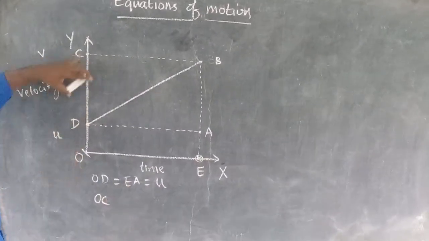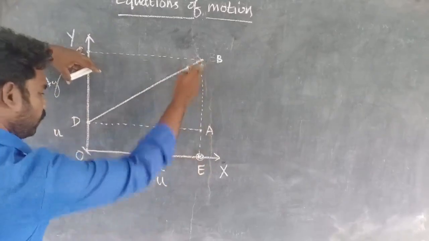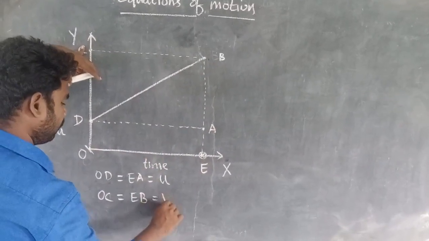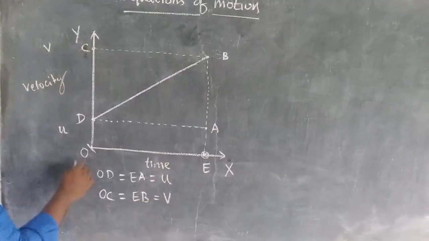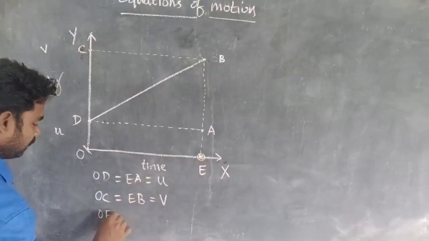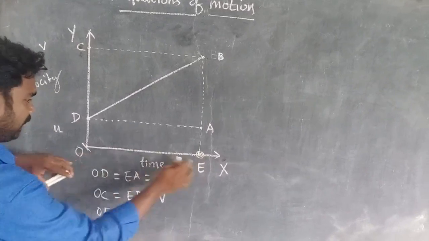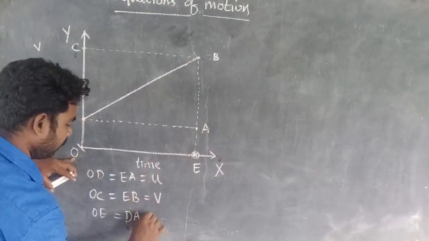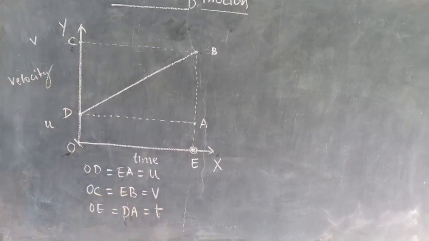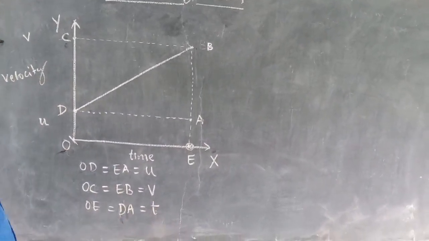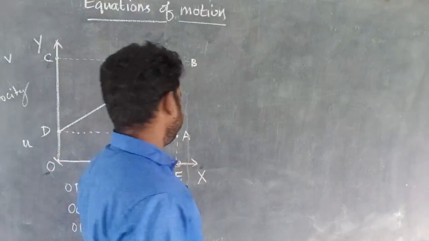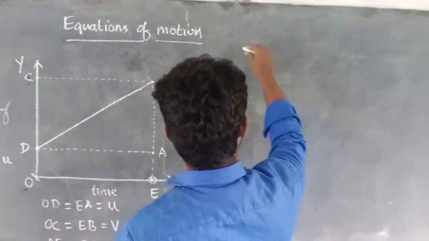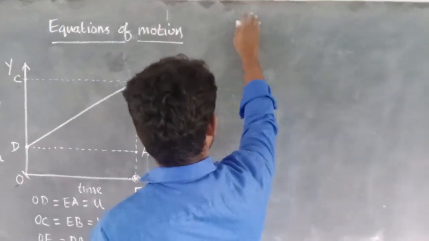OC is the final velocity. Like that OC is equal to EB is equal to the final velocity v, and OE, what is the value of OE? OE and DA are equal to the time t. So with the use of these things we can derive the equations of motion in graphical method.